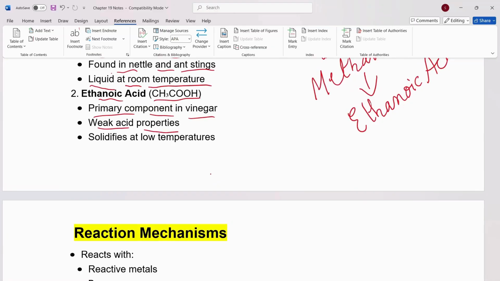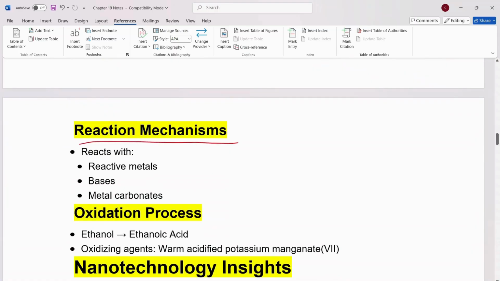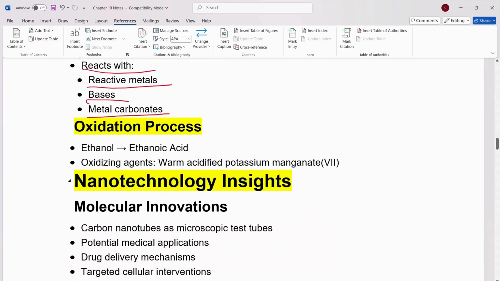It's a weak acid with weak properties, solidifies at room temperature. Reaction mechanism: it reacts with reactive metals, bases, and metal carbonates. Then we have the oxidation process. Ethanol gives us ethanoic acid. Oxidizing agent: warm acidified potassium manganate 7.